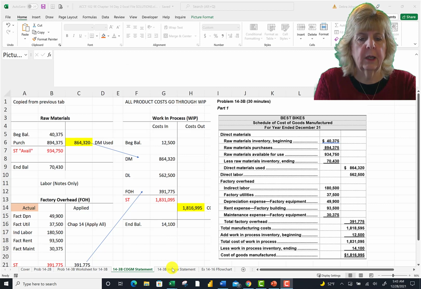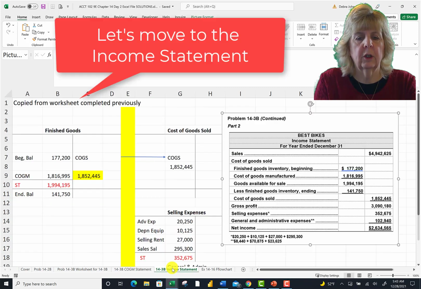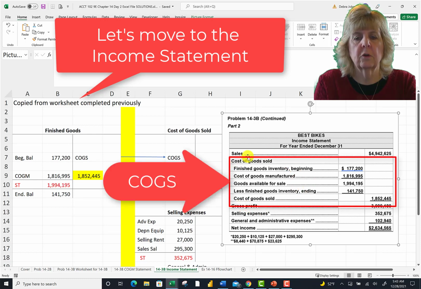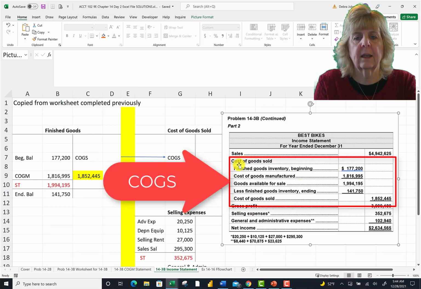Likewise, also take a moment to take a look at the formal income statement. The formal income statement has one major line item that is of concern to us, and that's the calculation of cost of goods sold.